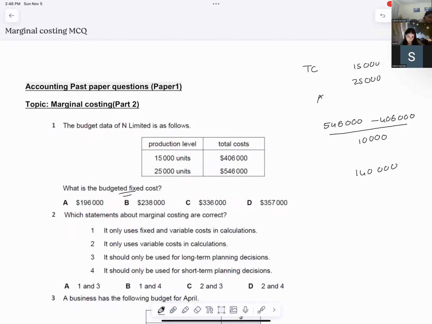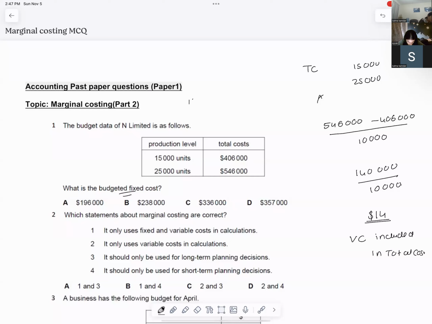So 140,000 divided by 10,000. You will get $14. $14 is the variable cost that is included in total cost.